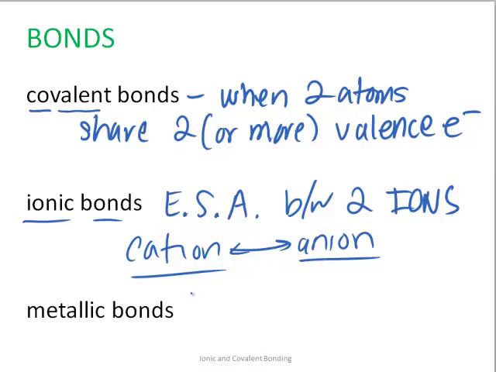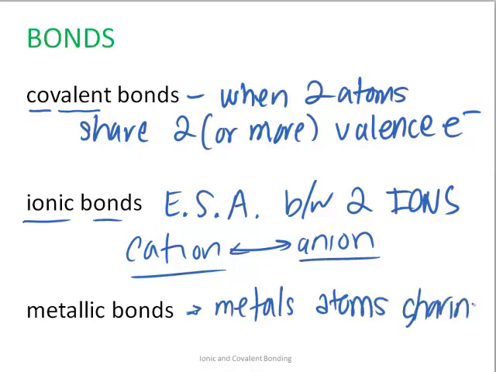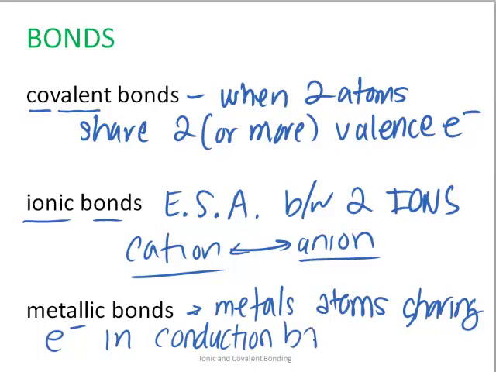Okay, and the metallic bonds are each a composite or an aggregate of many metal atoms sharing lots of electrons in a sea of electrons, or what most people more correctly refer to as a conduction band.